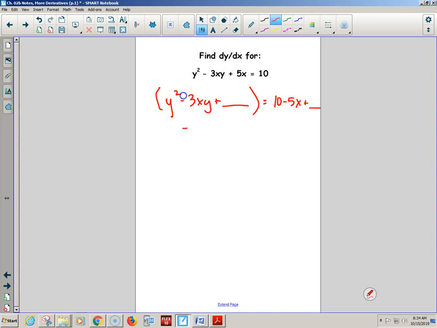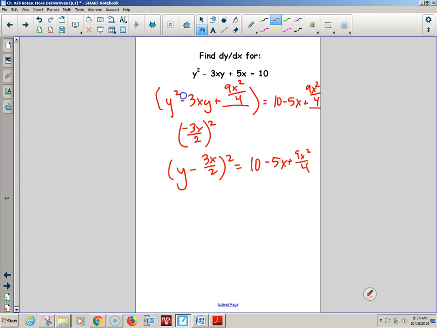I never got that. Because you would take the middle term, you would divide it by 2, and you would square it, and you would end up with 9x squared all over 4 on both sides. You would then be able to do y minus 3x over 2 squared equals 10 minus 5x plus 9x squared all over 4.